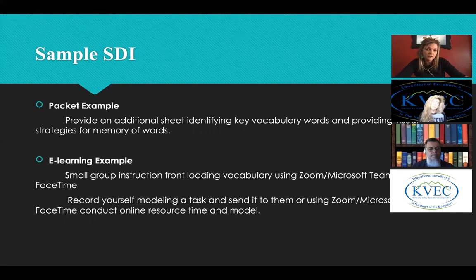This would also be a good place to add your pictures to those vocabulary words. Same strategy, you're just putting it on a sheet of paper and attaching it to your packet. And just follow your district guidelines on how you are getting those packets out to your students. And then your e-learning example, of course, is if you did the small group instruction via Zoom or something like that, or videoing yourself.